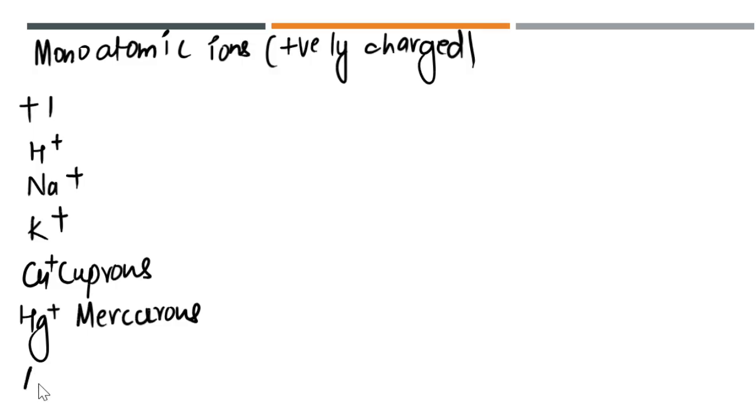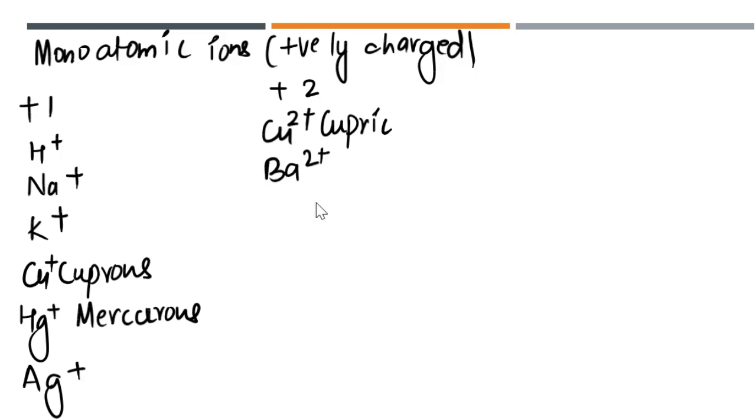And then you have silver, which is Ag positive. Then we have the +2 charges, Cu2 positive. So you can see that copper has Cu positive as well as Cu2 positive. When the charge is larger, what do we use? 'ic'. So this is cupric. Then we have barium, calcium, again mercuric, Hg2 positive.